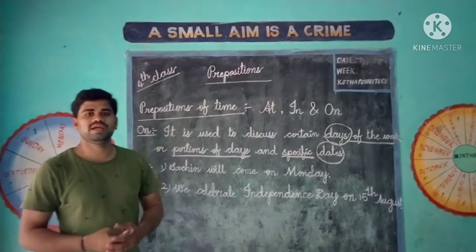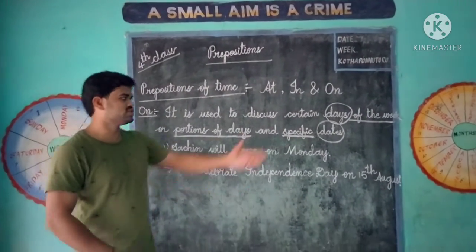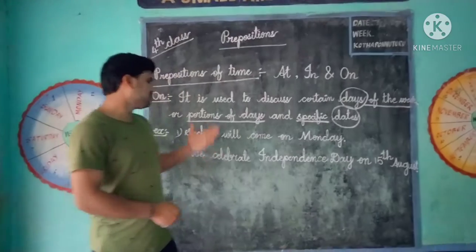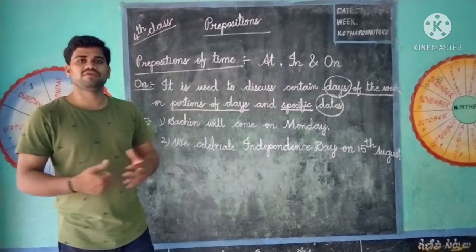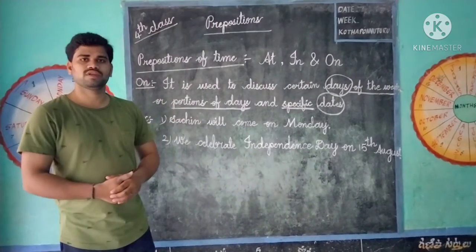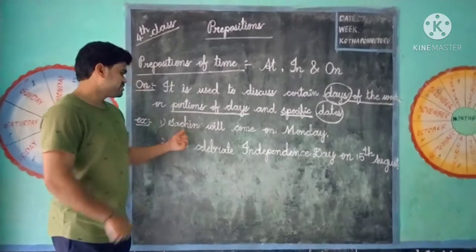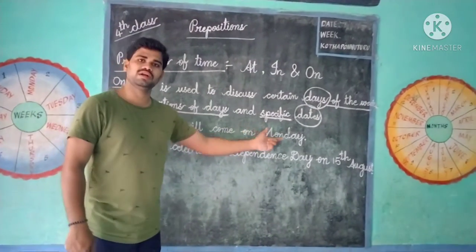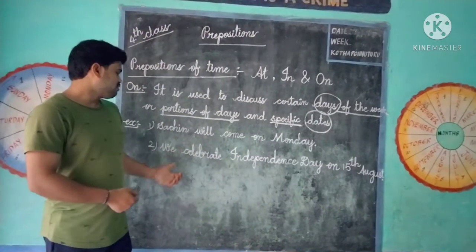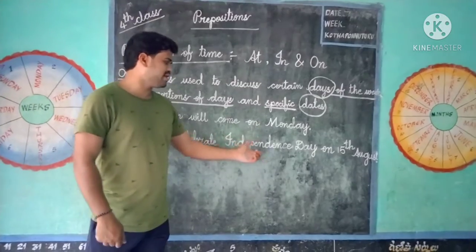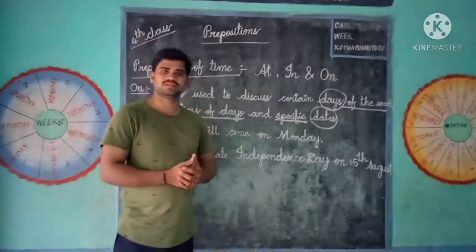Yes, when we discuss days, dates or portions of days, we have to use the preposition on. For example, Sachin will come on Monday. We celebrate Independence Day on 15th August.